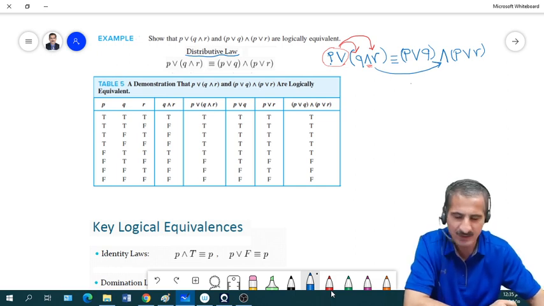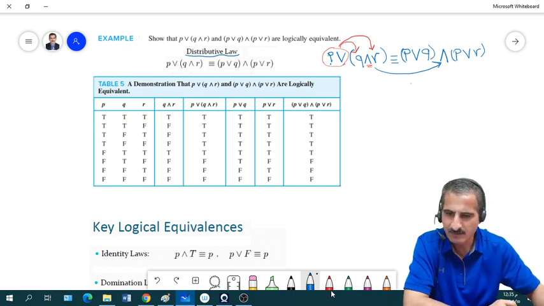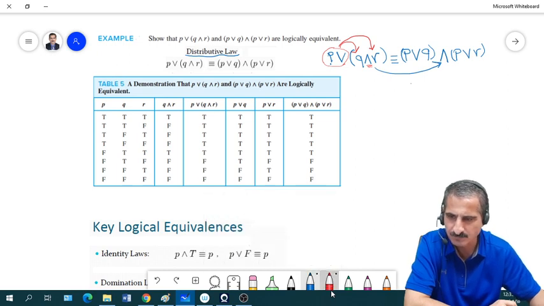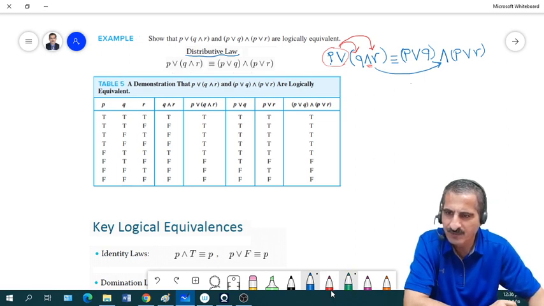To prove they are equal, first we will find the truth values of this one here.